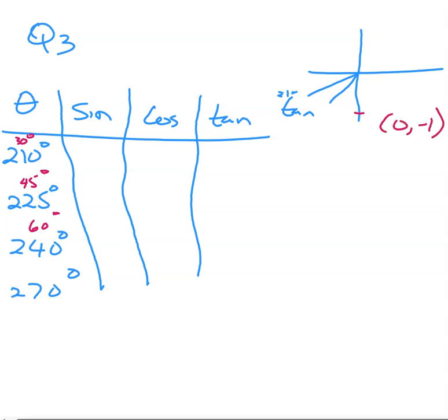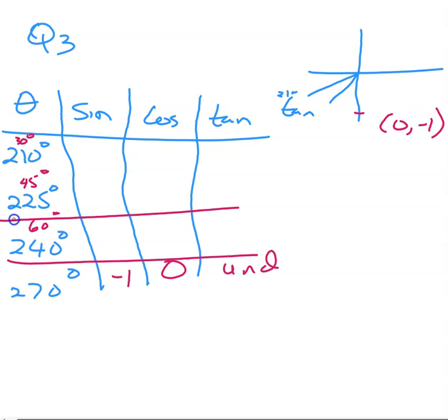So cosine is 0, sine is -1. This is undefined. So let's go ahead and draw some lines here. Then we'll be able to arrive at our values quickly. Remember also that in this quadrant, only tan is positive, so everything else is going to be negative.